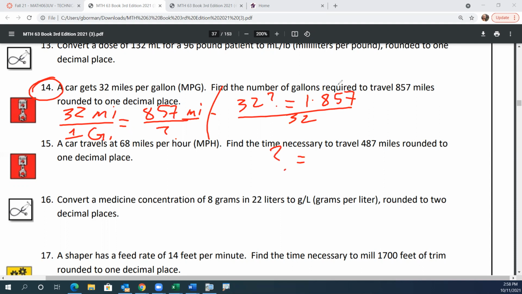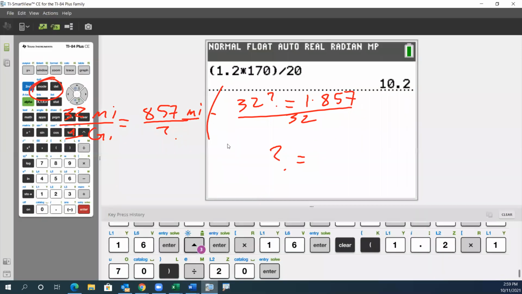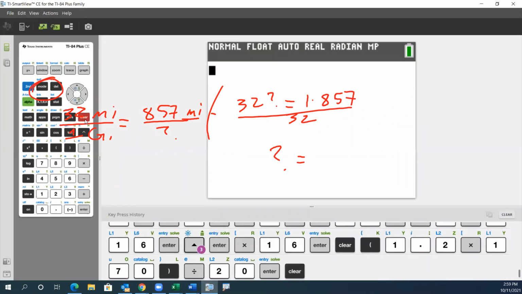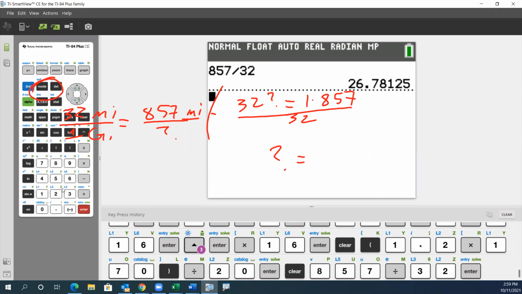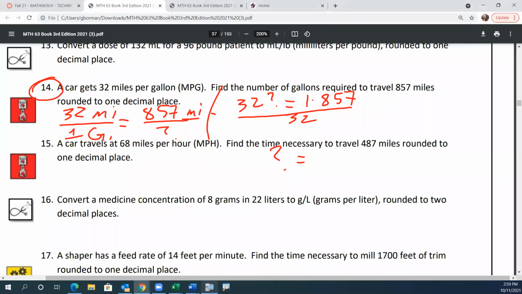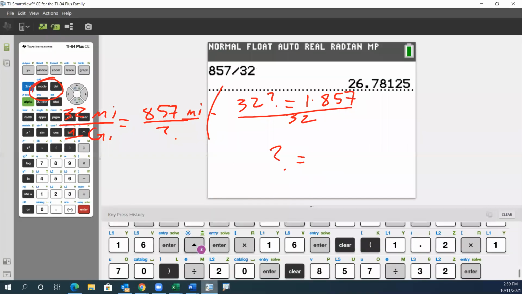I don't know, I'm going to find out. 857 over 32 is 26.78. Let's see, what does it say to round it off to? 1 decimal place. So that's going to be 26.8 gallons of gas. That's how much gas we're going to need. And that's it.